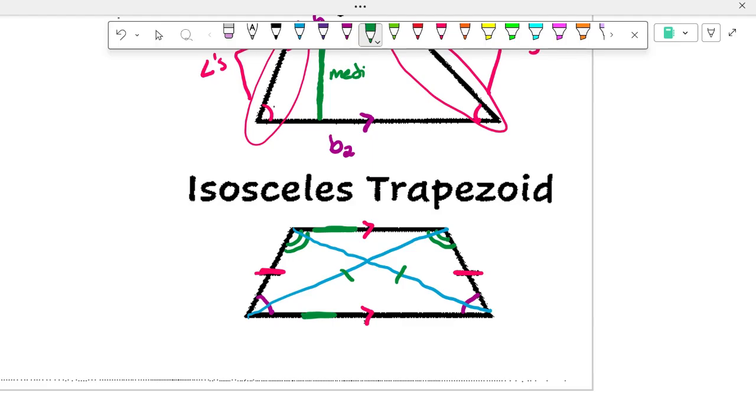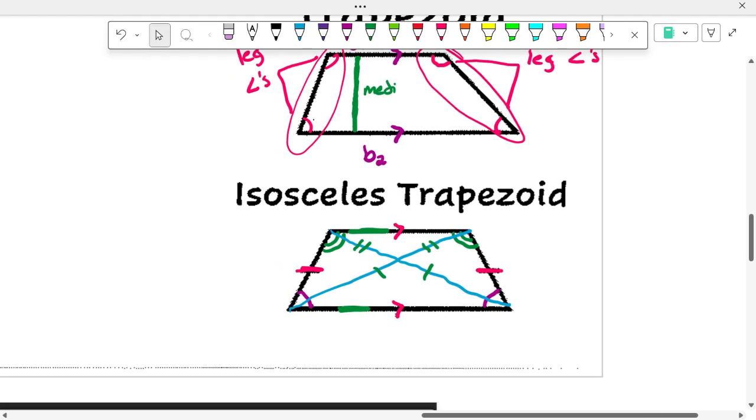But since they're congruent, wherever they do intersect, the corresponding pieces are congruent. So short piece to short piece is congruent, long piece and long piece are congruent of the diagonals. But again, they do not bisect. It's not like that of a parallelogram. They don't bisect till they become a parallelogram.